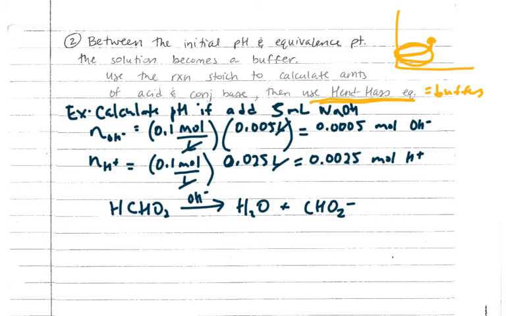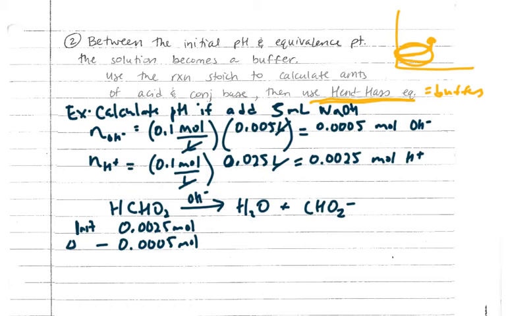All right, so initially we have 0.0025 moles of this acid, and we are neutralizing 0.0005 moles of that acid. And so this is our change.